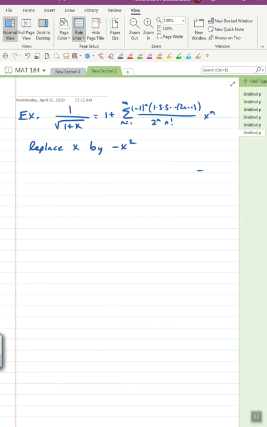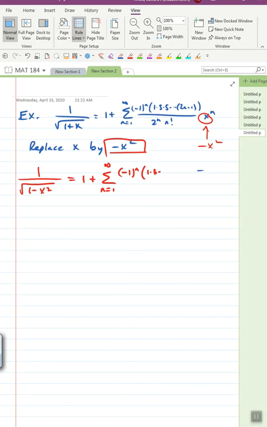quick question. When I say replace x by negative x squared, what do I mean? I mean replace that x by negative x squared. So if I do that, I should have 1 over the square root of 1 minus x squared equal to 1 plus the series n equals 1 to infinity, negative 1 to the n, all the rest of that stuff. So 1 times 3 down to 2n minus 1 over 2 to the n factorial.